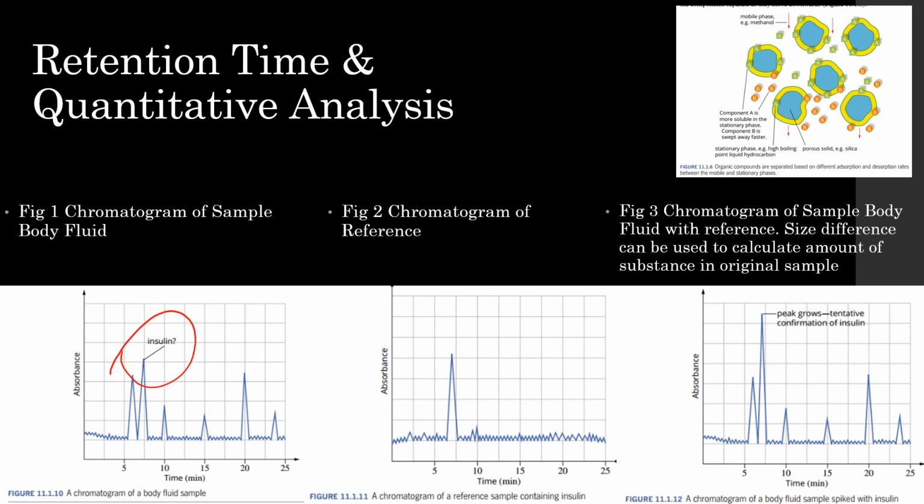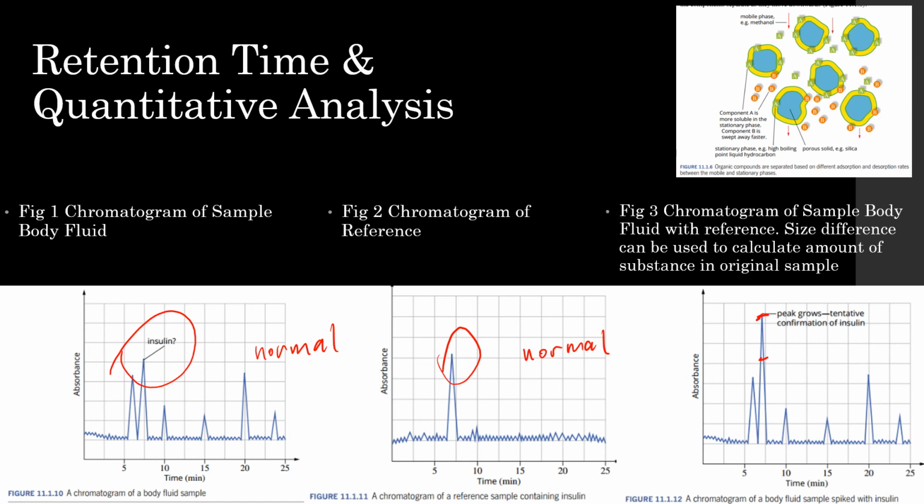We've got a chromatogram of a sample body fluid, and you test it against a known sample containing insulin, and then if I have a look here, that should be normal. Maybe this one's normal, but have a look here. We can see that there's quite a bit of a difference here.